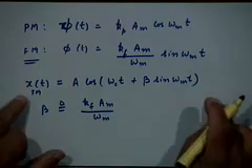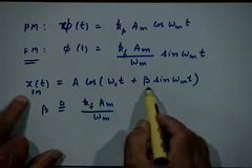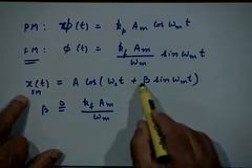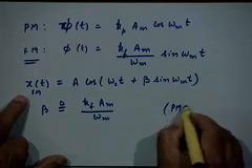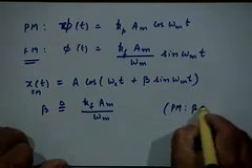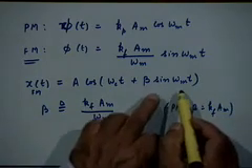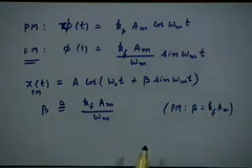For the case of PM this will become cosine of omega_c t plus, let us call it again beta, cosine omega_m t, and the value of beta there would be k_p A_m. So for PM beta would be k_p A_m, and of course instead of sine omega_m t it will be cosine omega_m t, which hardly makes any difference, right. We will see that.